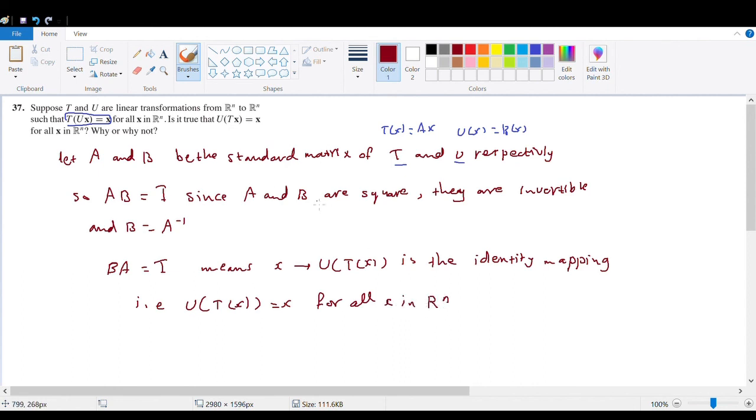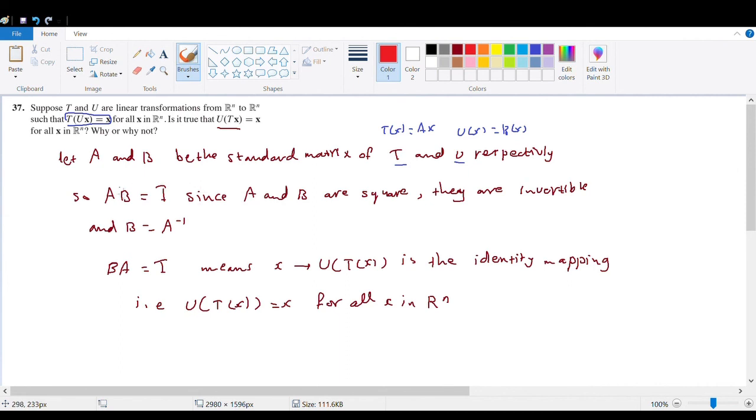So again, if we have transformations from Rn to Rn, we assume that T(U(x)) is equal to x. We want to know if U(T(x)) also is equal to x. If we assume our matrices A and B are the standard matrices of T and U, such that T(x) is equal to Ax and U(x) is equal to Bx.